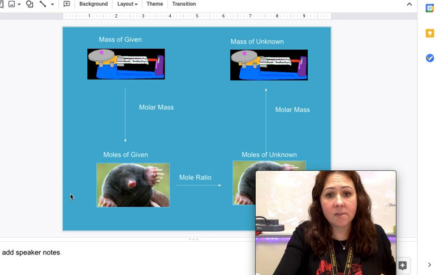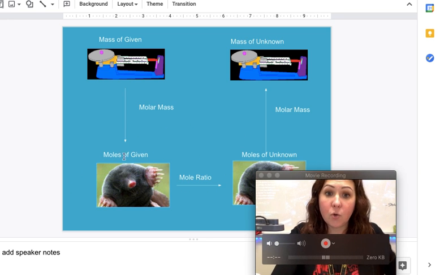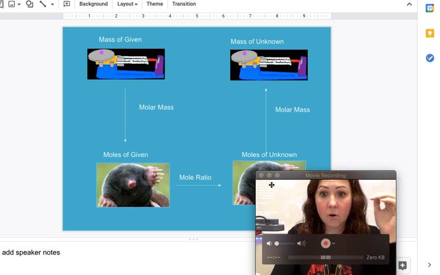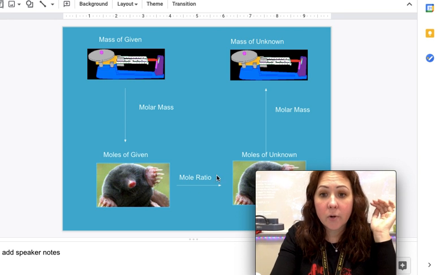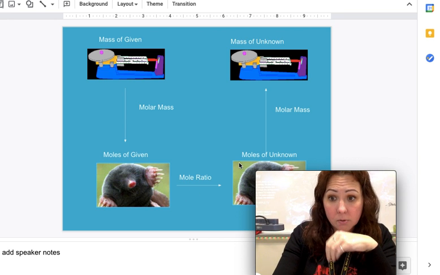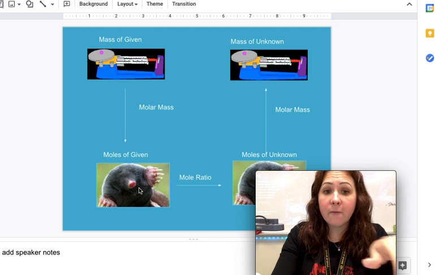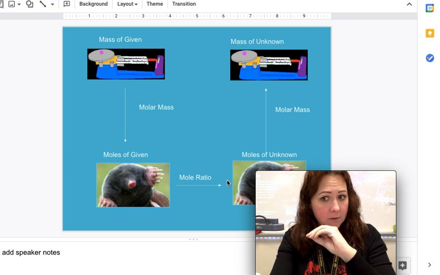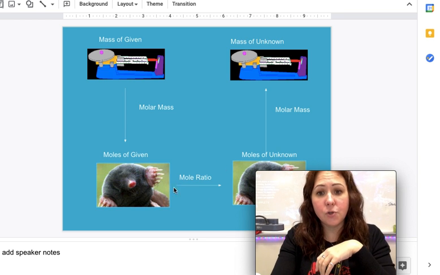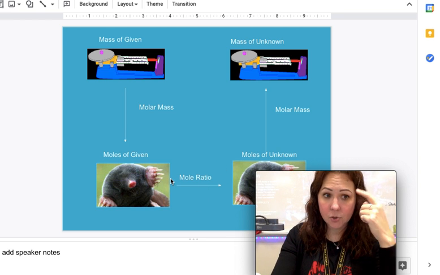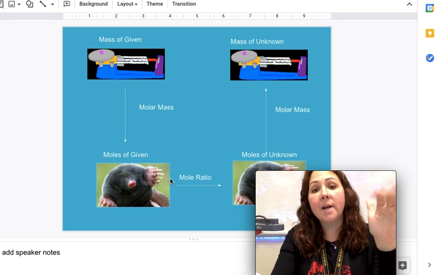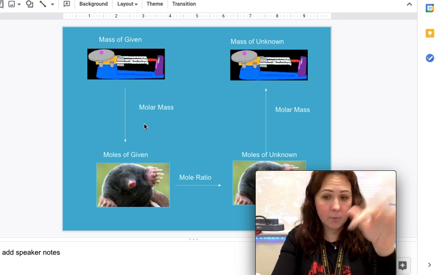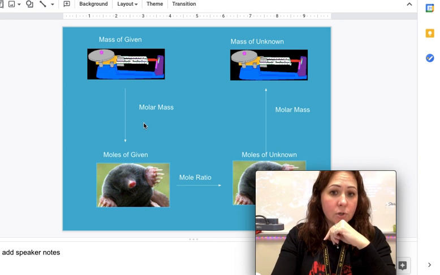Today we're going to focus in on down here where you are given moles in your question, and then you are going to want your answer in moles as well. In order to get from moles of your given compound to moles of whatever you need for your new compound, you're just going to use your mole ratio, which comes from your balanced reaction. We're going to add in molar mass, where we're going to use dimensional analysis in order to do that, later on down the road.